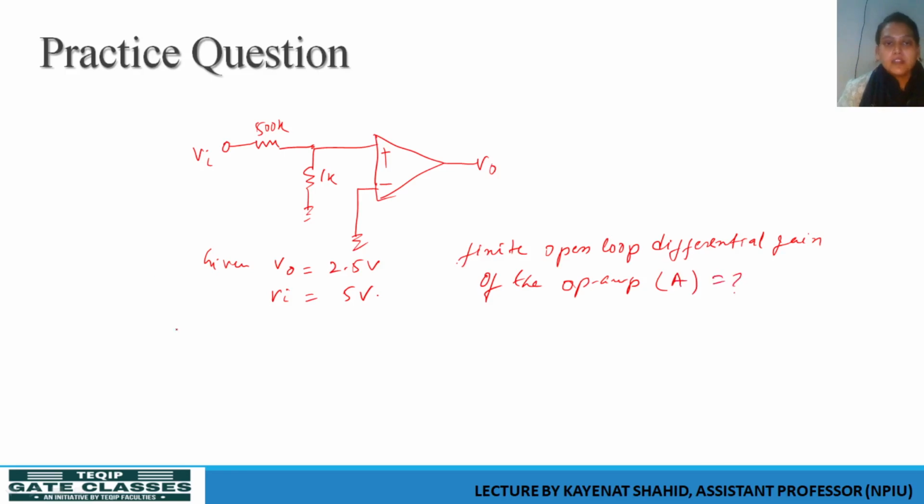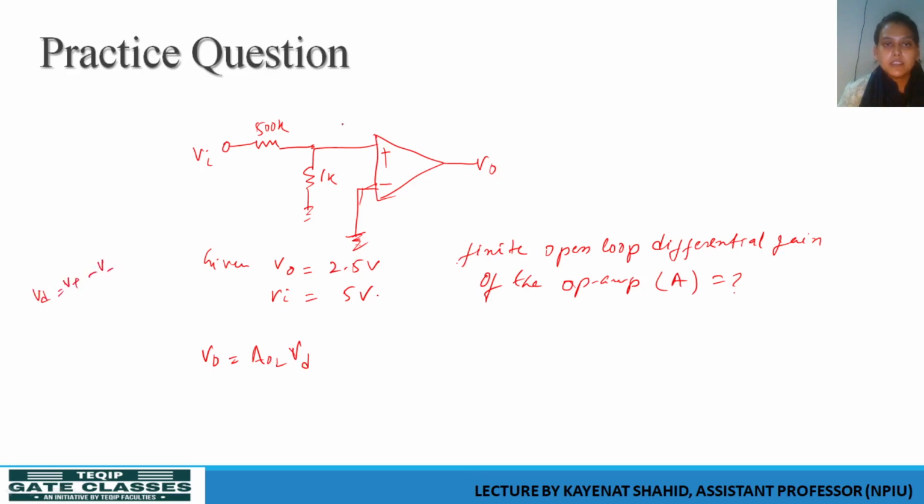So this is 0, and this is an open circuit. We know that VO is nothing but the open loop gain times the differential voltage VD, which is V plus minus V minus.